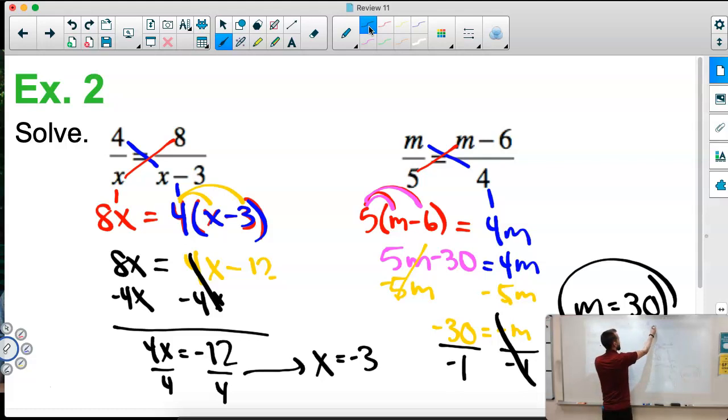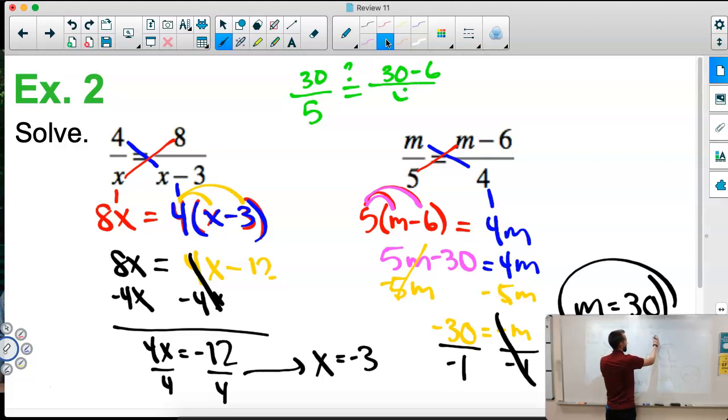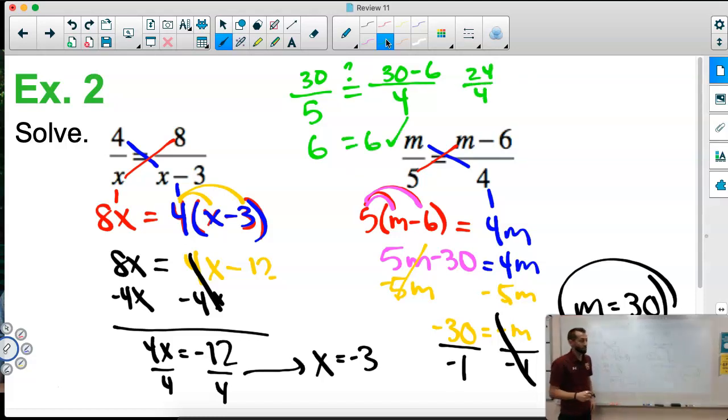Is 30 divided by 5 equal to 30 minus 6 divided by 4? Like, 30 divided by 5 is 6, 30 minus 6 is 24, 24 divided by 4 is 6. Ah, that worked. So we want to look for those things and check those things because if it works, it's really nice for us. Okay.